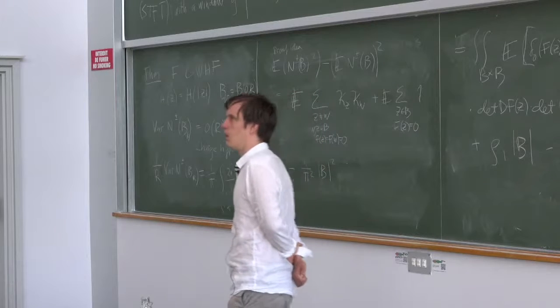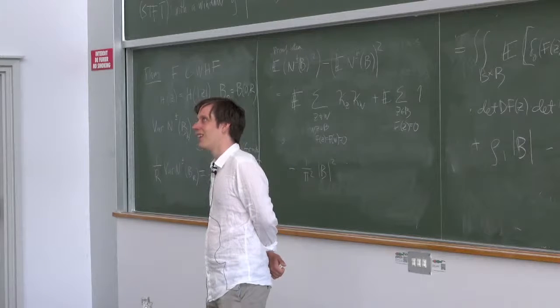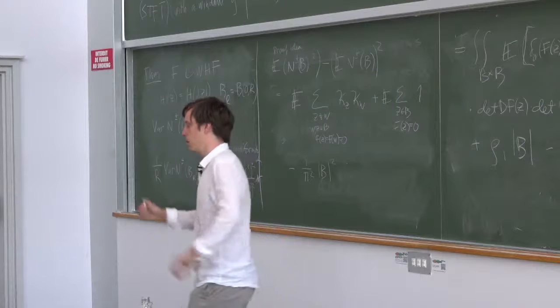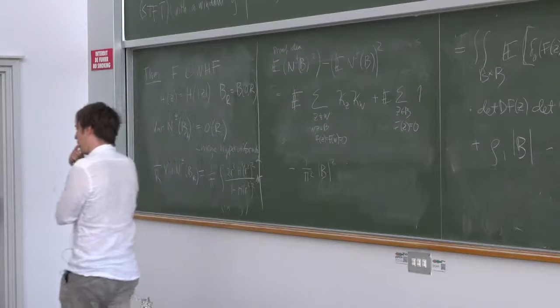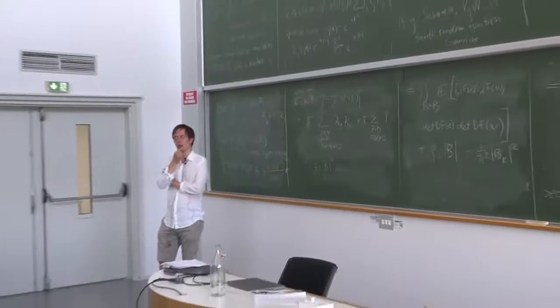It's like a trick, like you use the fact that the total number is conserved in a way, and you just say that the number in the ball is like the total number minus the number in the complement. If you had this finite, you could bypass this, but I don't know if in your case it works. Sounds interesting.